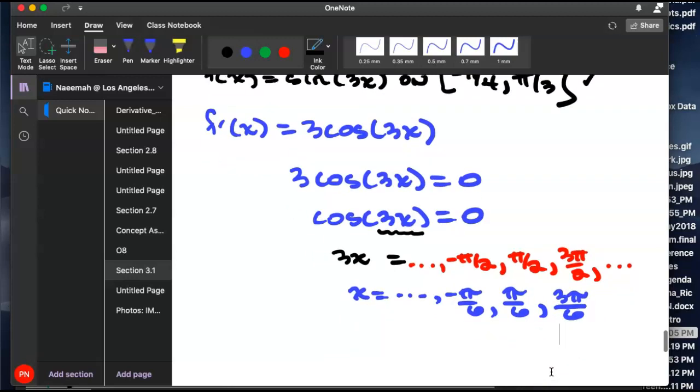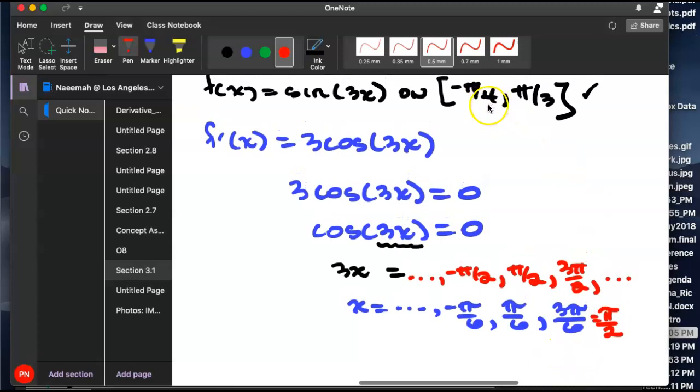Which is the same as pi halves. But since we're restricted to negative pi fourths, what that's going to tell us is that we have negative pi 6 and pi 6 as our critical values.